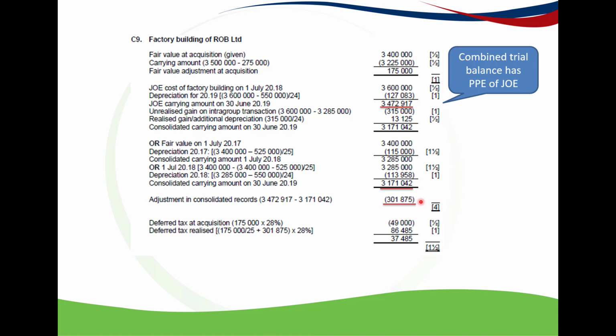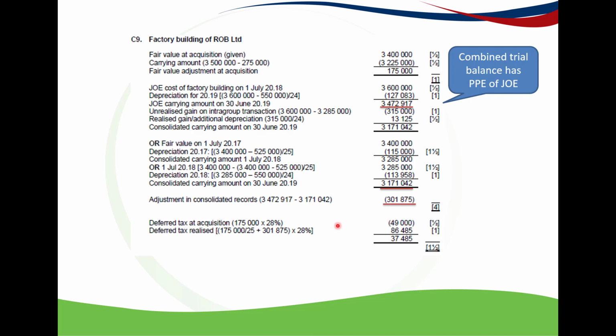Therefore, we know that we will have to decrease the factory building in our consolidated financial statements by 301,000, to get from the 3.4 million that it starts with on the combined trial balance to the 3.1 million, which it should end with on the consolidated trial balance.